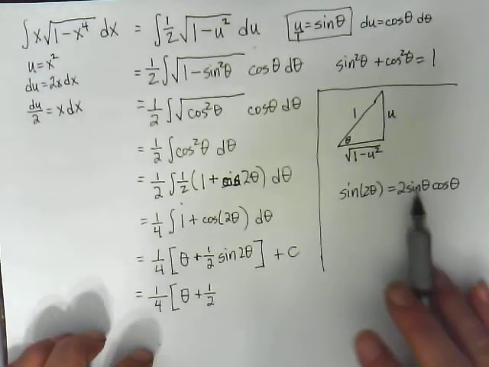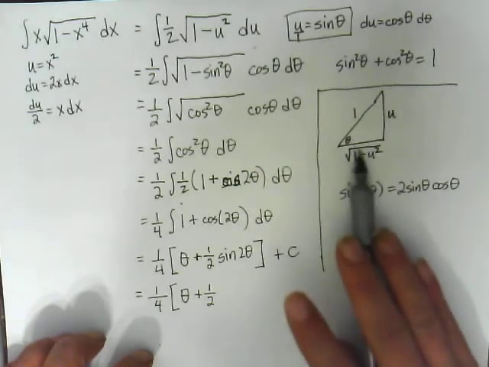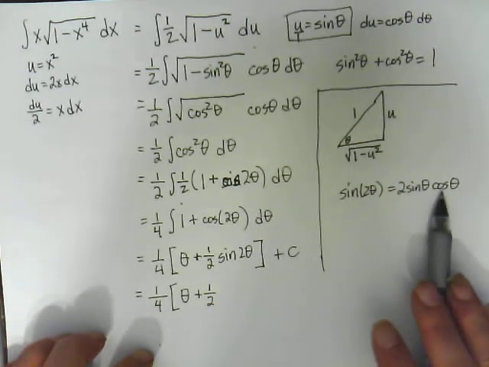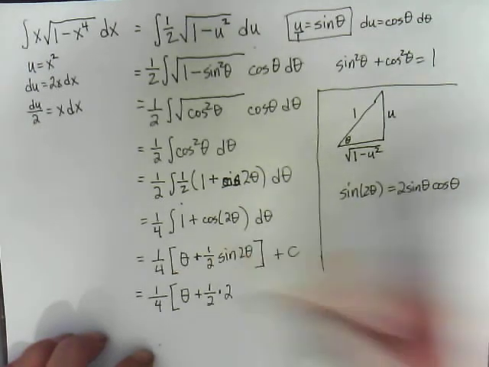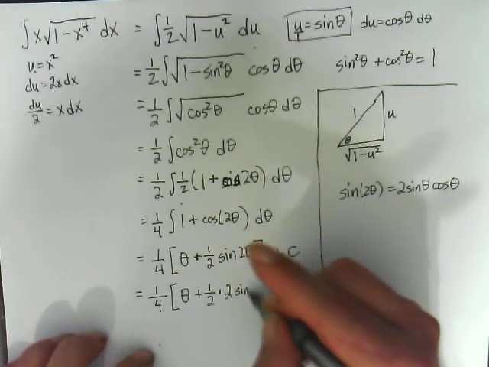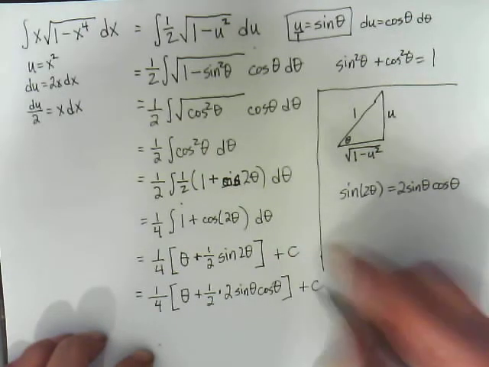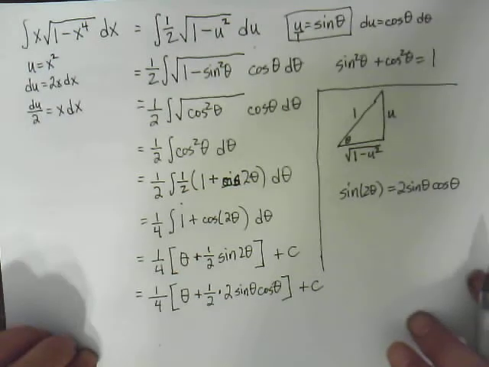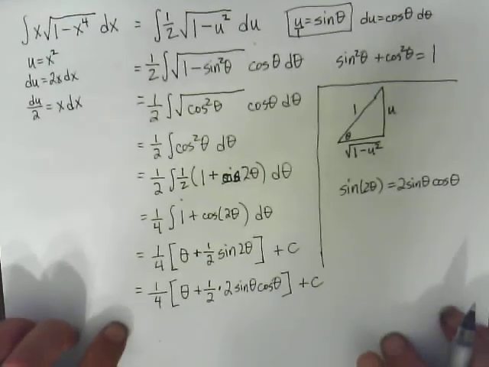So now everything's in theta, which is good. From this triangle I can also find cosine theta, so that really helps us out. So this is going to be times 2 sine theta cosine theta plus a constant.